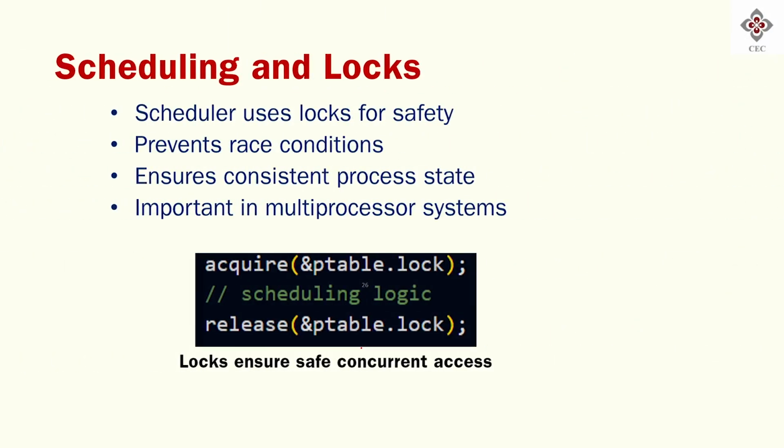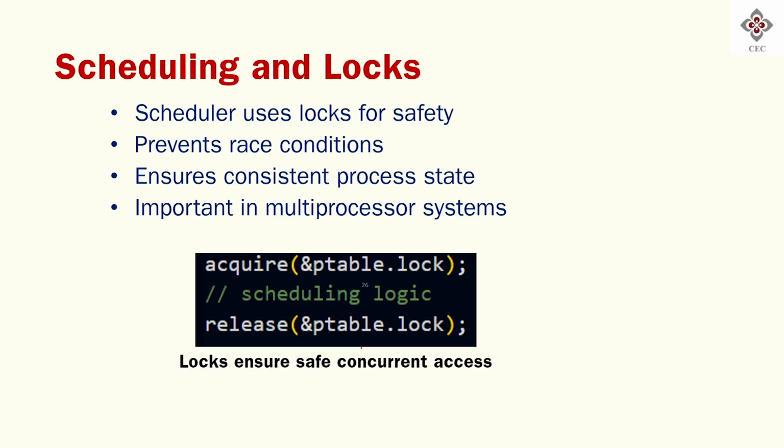The scheduler uses locks for safety. As we all know, whenever it is doing some scheduling task, it should not be affected by others. So, we perform locking. It is again a synchronization type of mechanism. The scheduler enables locks for safety to prevent race conditions from competing at the same time.